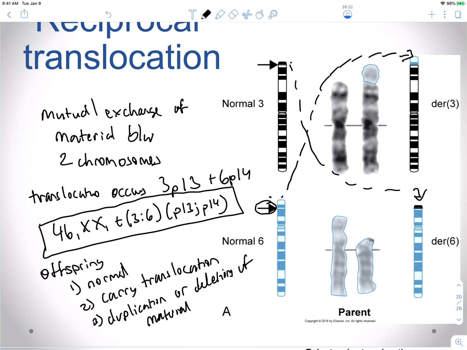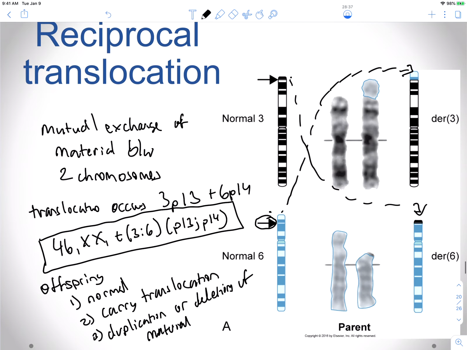So an offspring is going to receive the derivative of chromosome 3 and a normal 6, and therefore will have a partial trisomy of the distal portion of chromosome 6, for example.